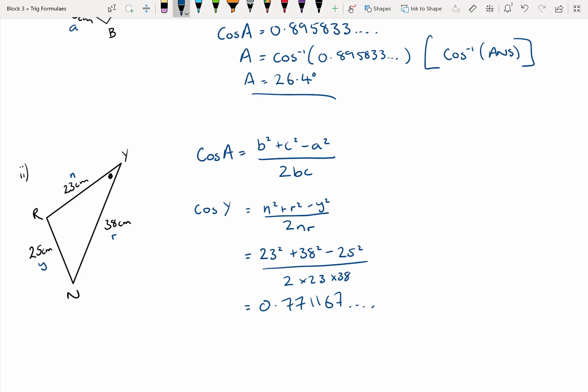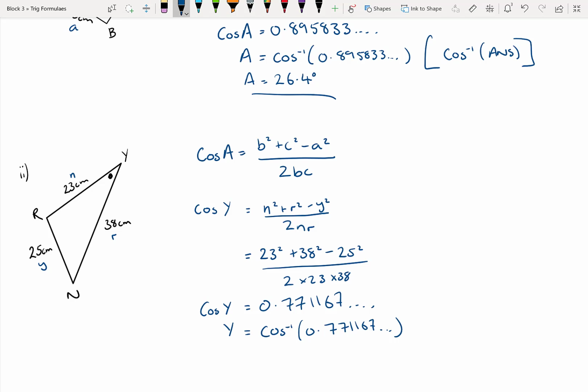Okay, again though, what we've done is we found the cos of Y. We don't want the cosine of the angle, we just want the angle. And so in order to undo that and to get rid of it, we need to take the inverse. So Y is going to be the inverse cosine of 0.771167. That number that we just worked out that's in our calculator.